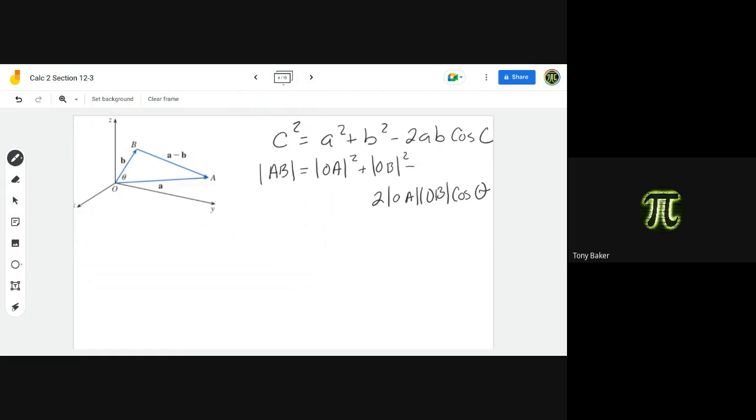So let's change these now into what they are with the vectors. AB is that vector right there, so that's the magnitude of A minus B squared. That is A squared. That's B squared, minus 2 times A, B, and then cosine theta.